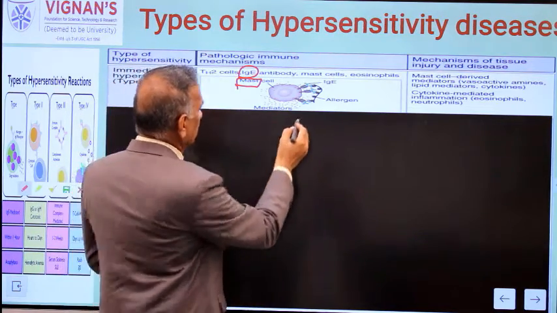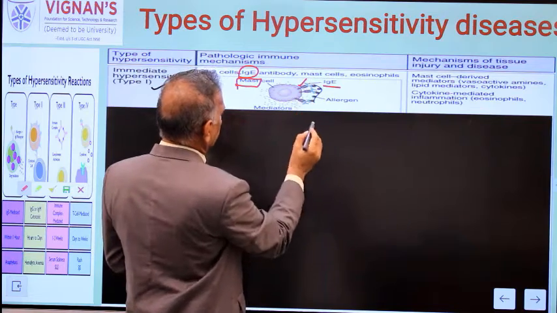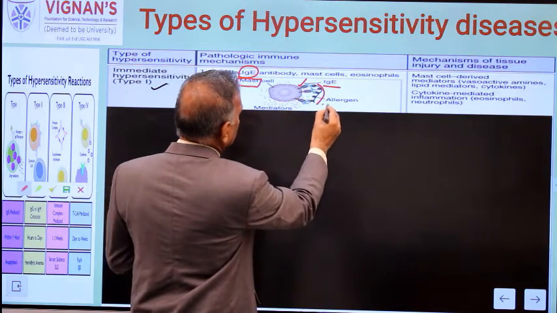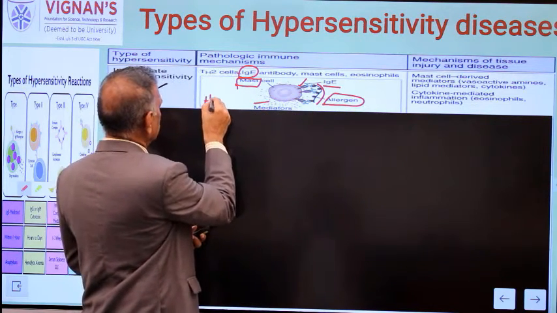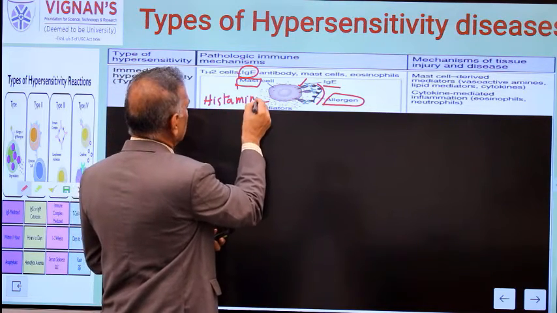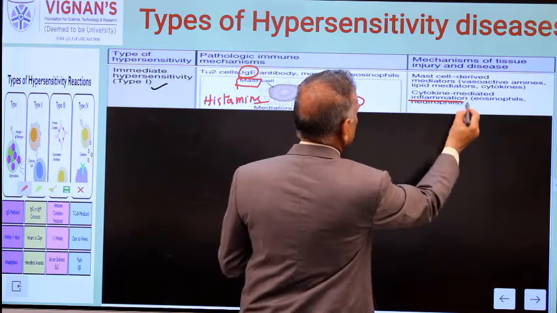So that's what is shown here. This is IgE, a class of antibody, and there is cross-linking. This is what is called cross-link. The allergen cross-links this. Then this intermediate is called histamine. Histamine is a vasodilator, and then cytokines are released, and they cause inflammation.